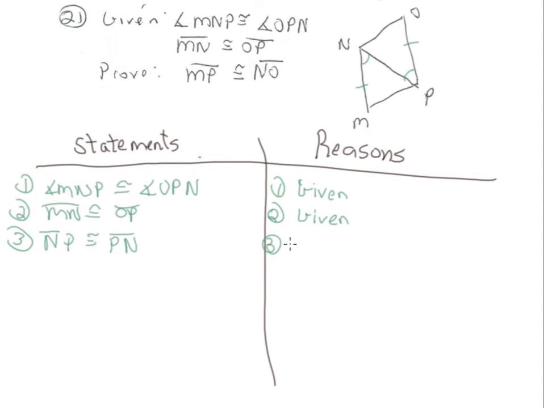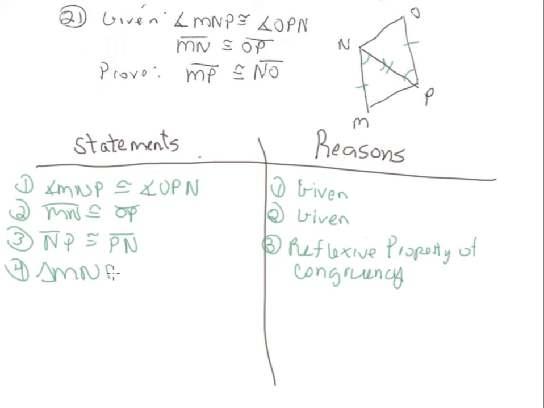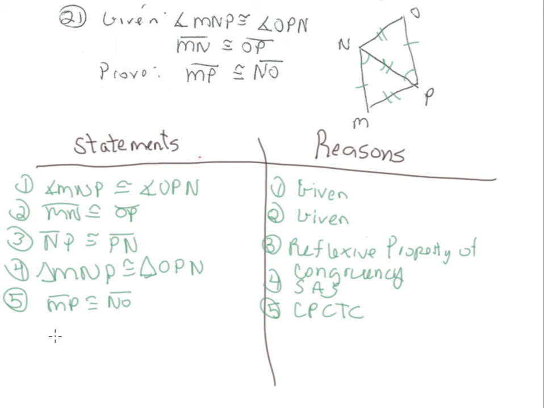Well, I can figure out that NP is congruent to PN, the reflexive property of congruency. Now I have enough information to get these two triangles congruent. So triangle MNP is congruent to triangle OPN. And my reason for that is side angle side again. And then 5, MP is congruent to NO, CPCTC.